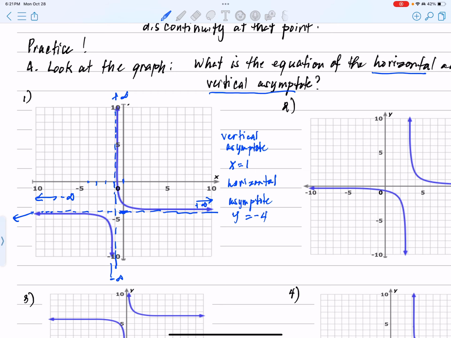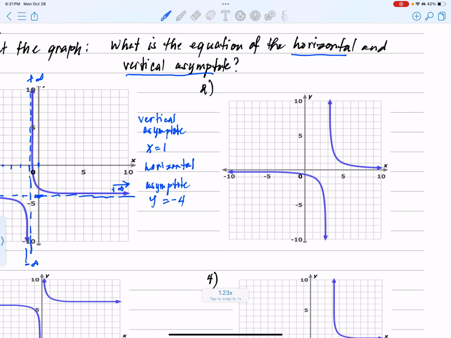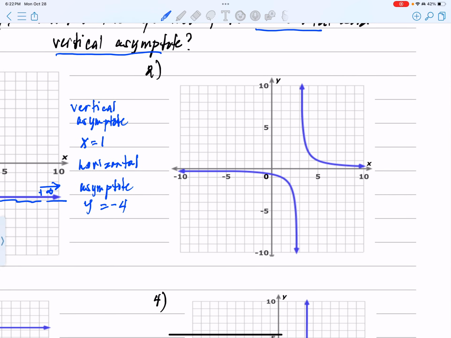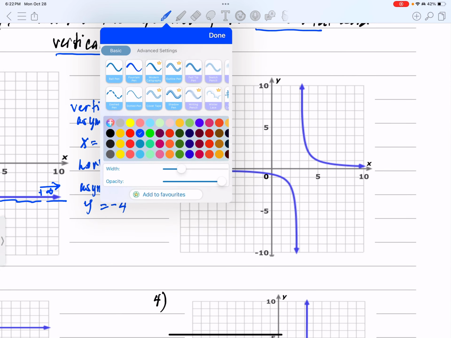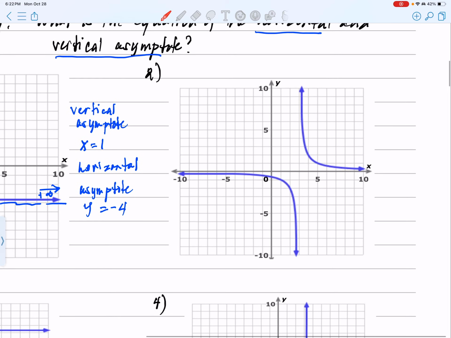Let's do this. I like to use another color for this. Okay, let's choose another color. All right. Since the curve is blue, I will just use VA for vertical asymptote and HA for horizontal asymptote. Okay. Do we have a vertical asymptote here?